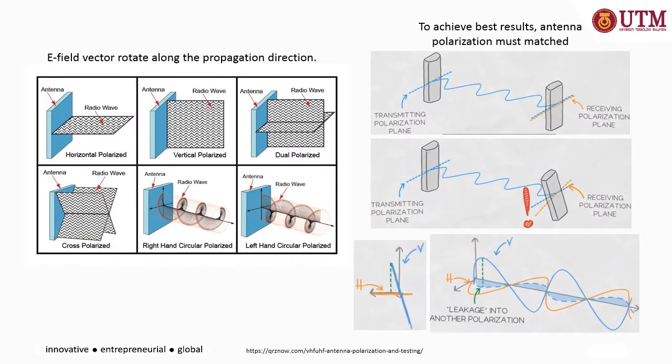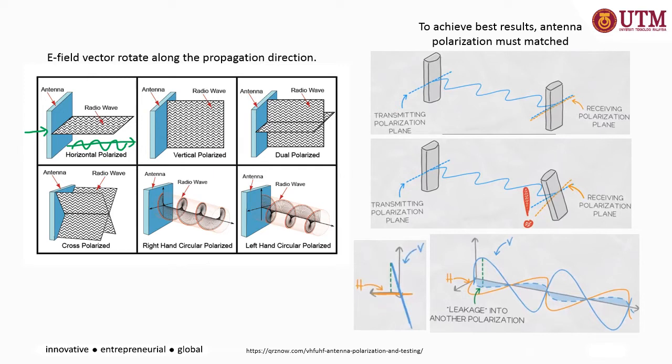Okay, the slide summarizes some illustrations of electric field vector rotation, or polarization. For example, this is your antenna. So we can see that the E field radiates, or propagates, horizontally across the propagation direction.